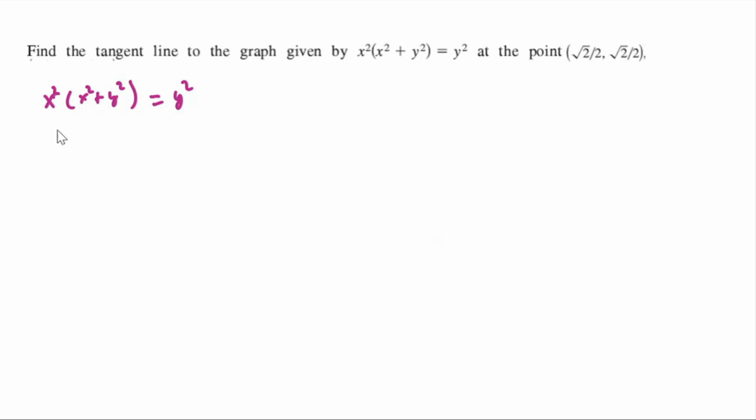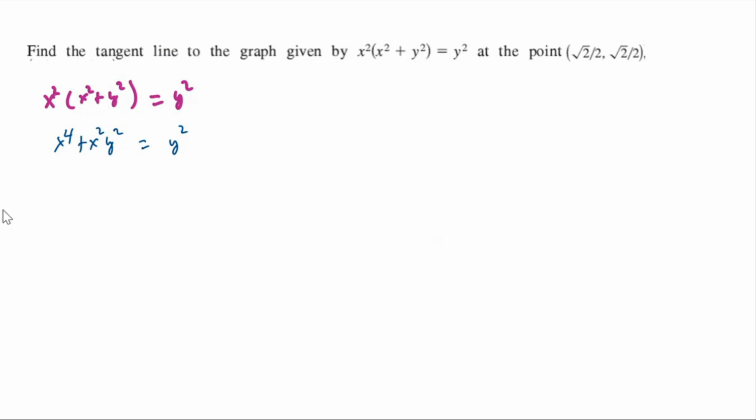So this is now x to the fourth power plus x squared y squared is equal to y squared. Okay, I use distributive property instead of using the product rule. But if you want, you can also use the product rule. Now, x to the fourth power is the first term, and x squared times y squared, we have x squared y squared equals y squared.